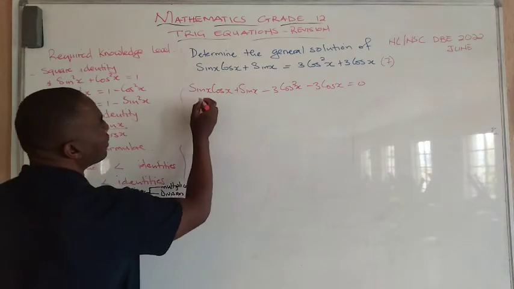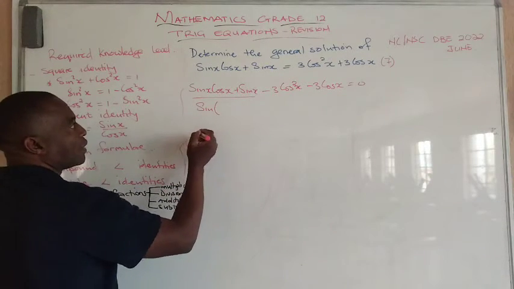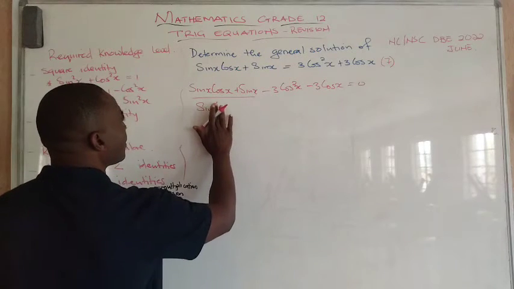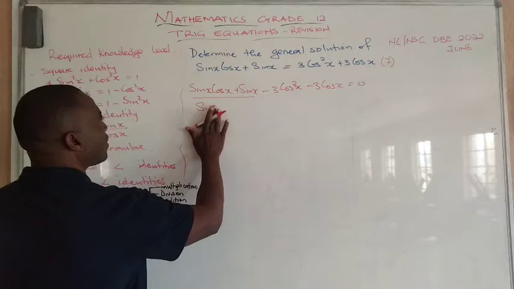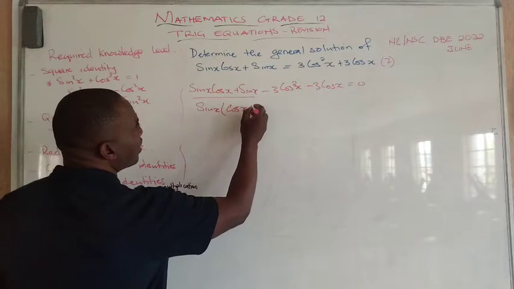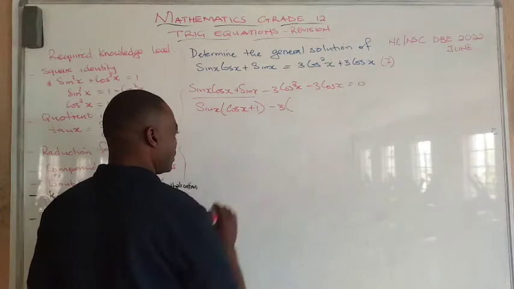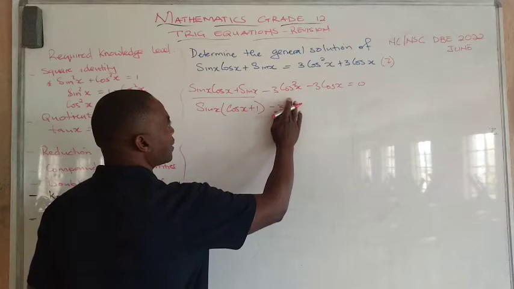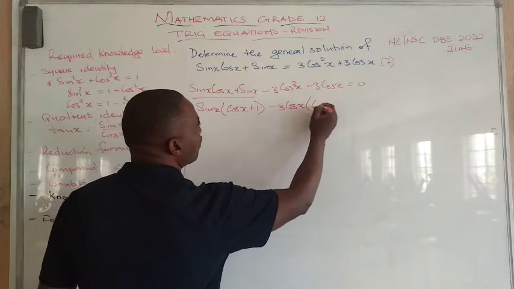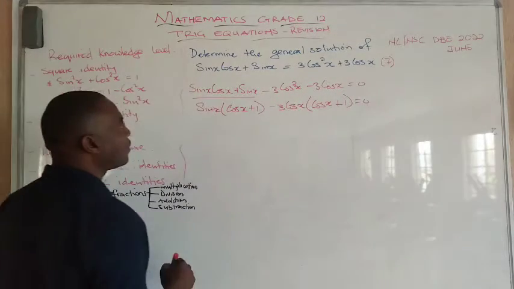Factorizing by grouping, the first two, sin x is common, into cos x plus 1, and then we factor out negative 3 cos x, so we have cos x plus 1 is equal to 0.